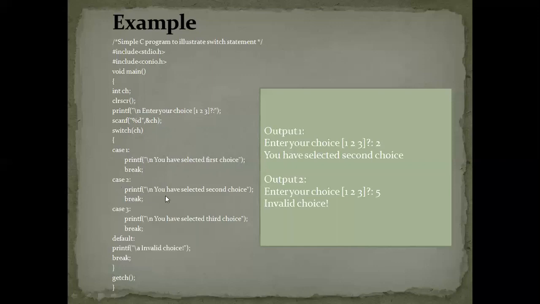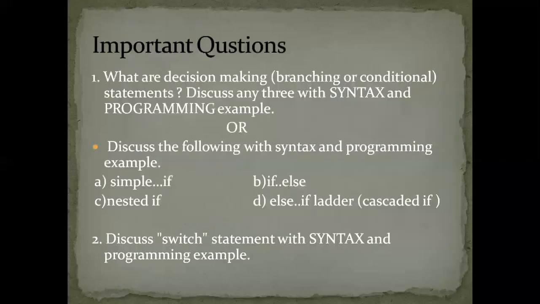Suppose you have entered the second, there are 3 choices. In case 2, you have selected second choice, and the appropriate message will be displayed. In case 3, you have selected third choice. If you have entered correctly, the proper message will be displayed. If you have entered a wrong choice, for example 5, I am supposed to display the message: invalid choice. So this is the program for selecting choices using the switch statement.